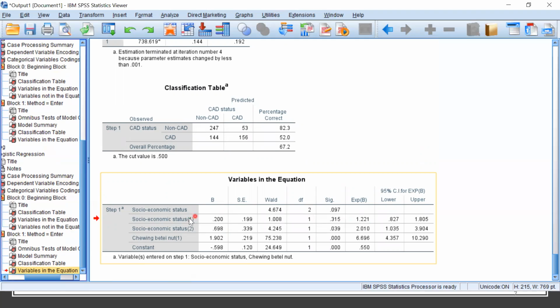The first is for the middle class, the second is for the high class, and this is for chewing betel nut. So we can say 1.221 implies there is 22% higher chances of having coronary artery disease in the middle class as compared to the low class, keeping the other variable constant.